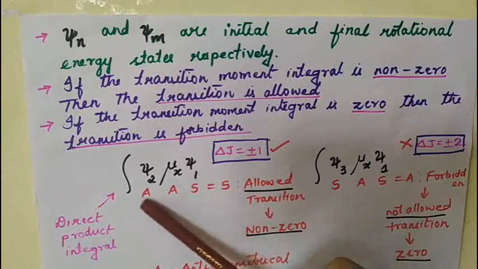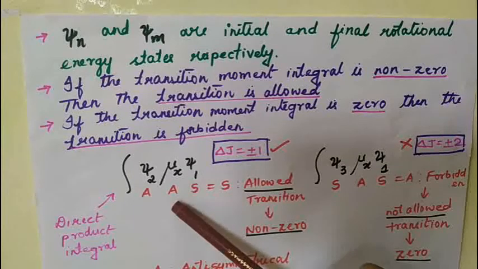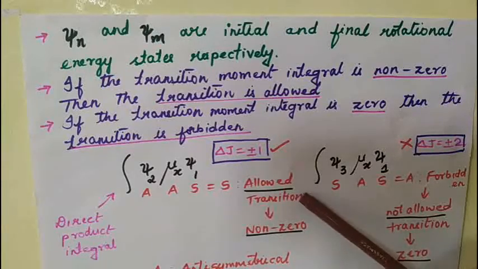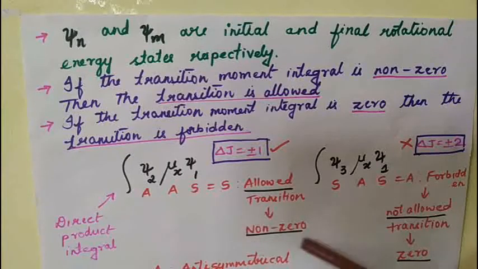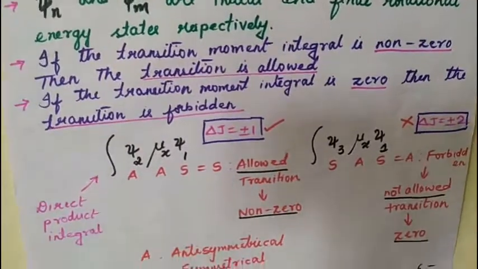Now multiply the symmetries. Antisymmetry times antisymmetry always gives symmetry, and symmetry times symmetry gives symmetry. When it is symmetrical, it is an allowed transition and the direct product integral is non-zero. This is the quantum mechanical basis for finding the selection rule.